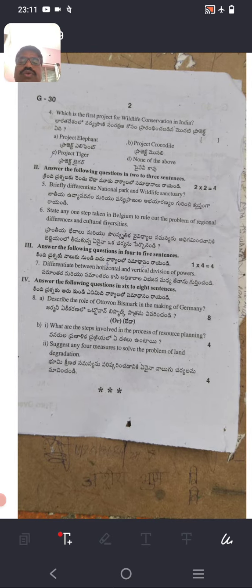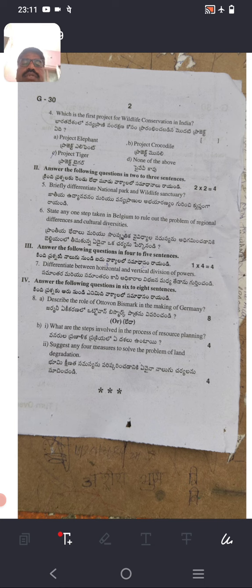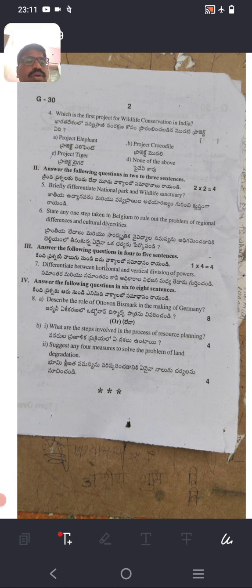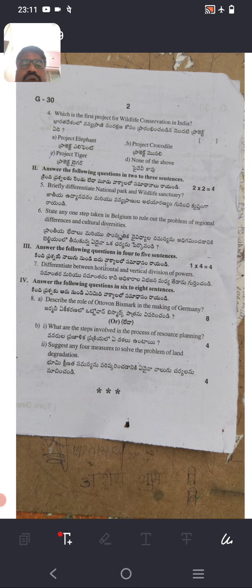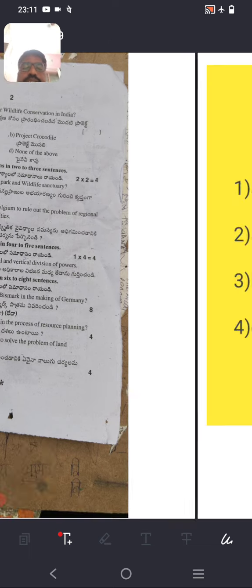Next, the fifth question. This is a 2 mark question. The question is briefly differentiate national park and wildlife sanctuary.